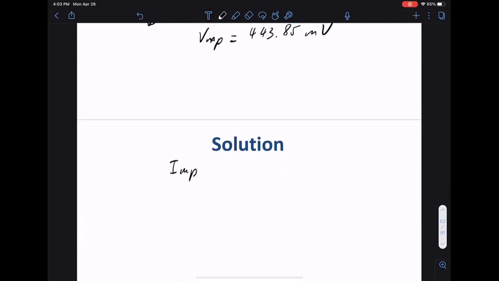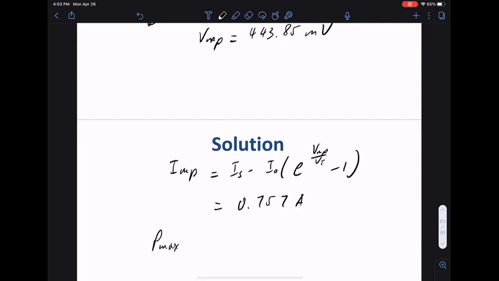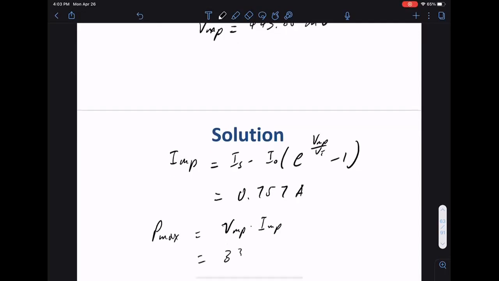Then the current, you just plug this into it, minus 1. Then plugging in all the numbers, you have 0.757 amps. So the maximum power is the voltage times current, 95 milliwatts.